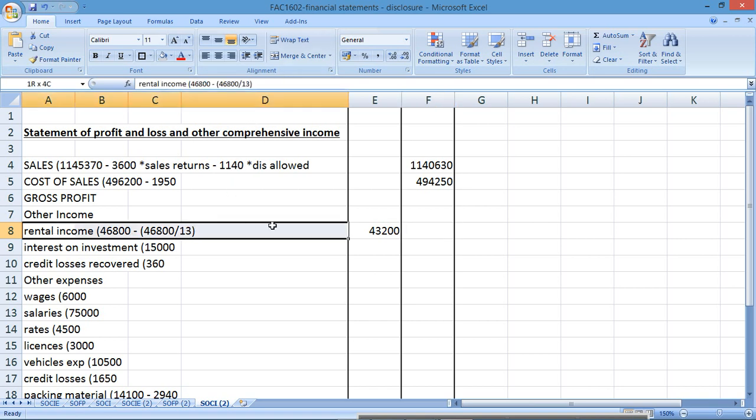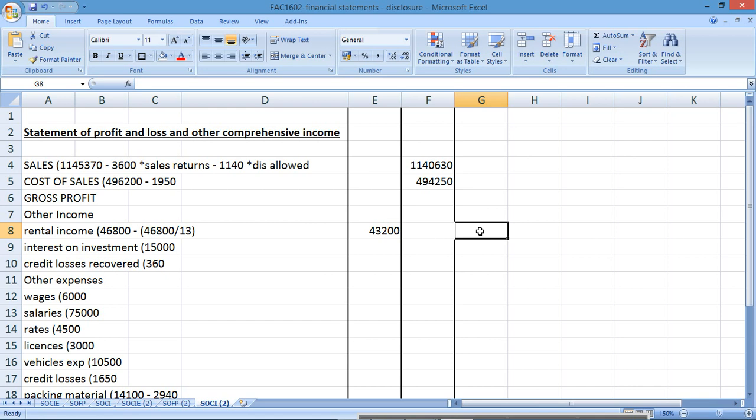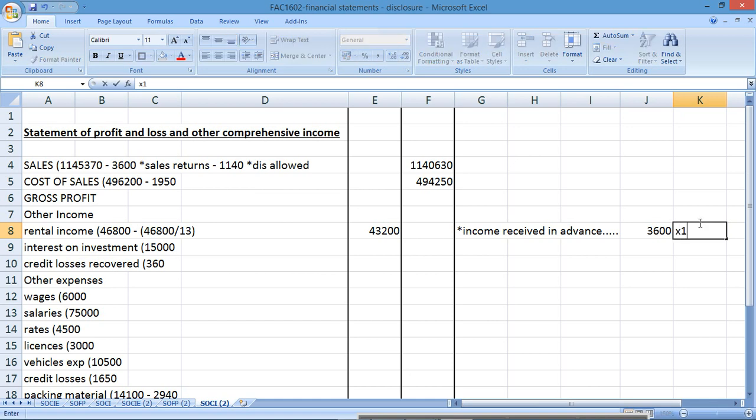Now what does that do? It creates an income received in advance adjustment. The amount that I need to adjust for is how much? 3,600, that's how much we're charging per month, because if you times this by 12 you get 43,200.